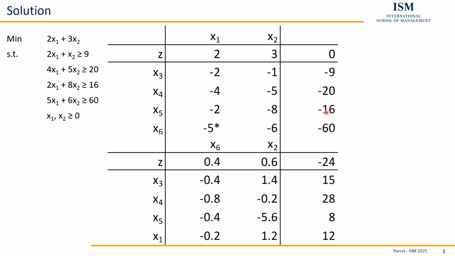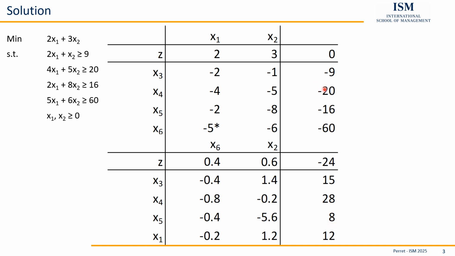So here I have -16 minus -2 times -60 divided by -5. So I have 4 minuses. They're all canceling each other out, so I have plus. So I have, in other words, 2 times 60 divided by 5, or in other words, 24. So -16 plus 24 gives 8.